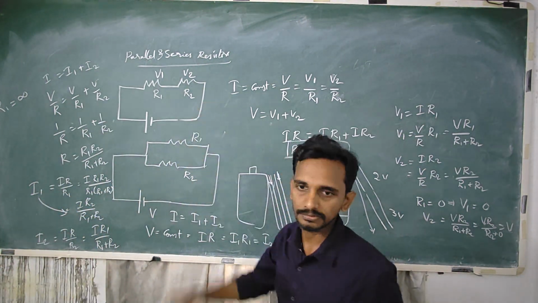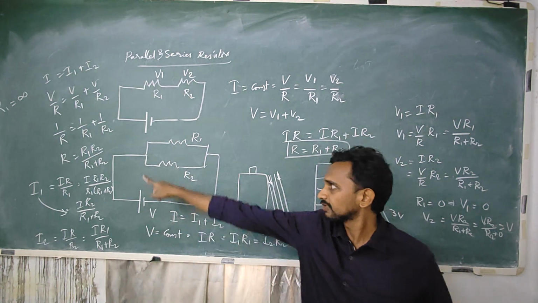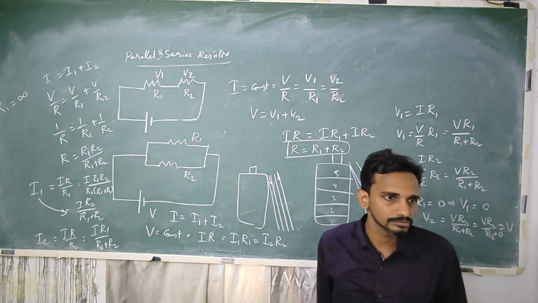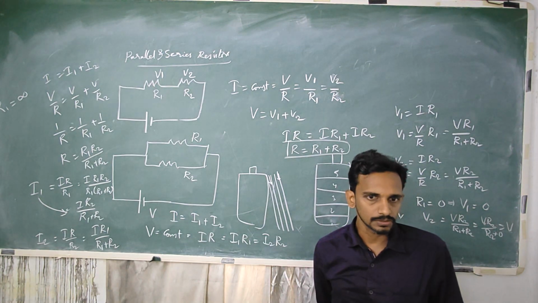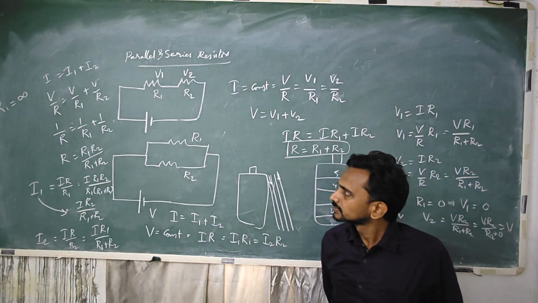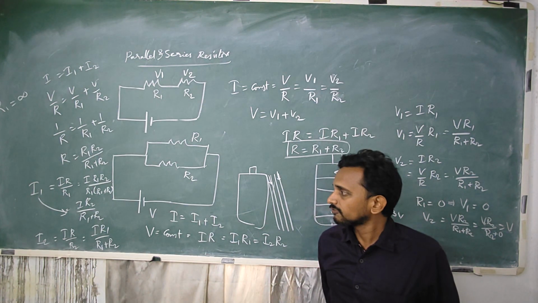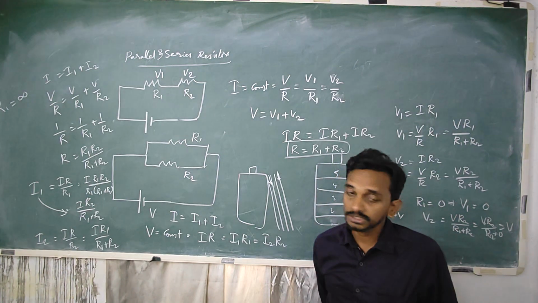So what happens? The entire current will flow through R2. No other option. So check: what is the value of I2 when R1 is infinity?